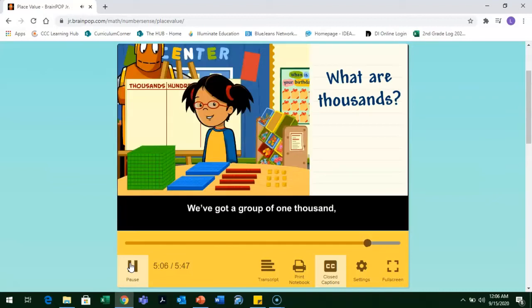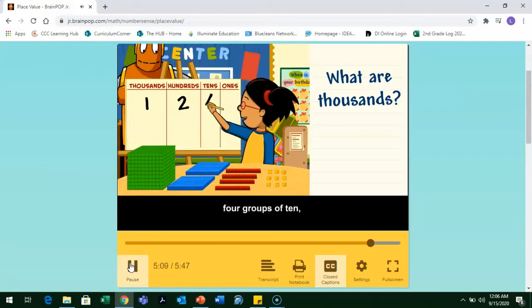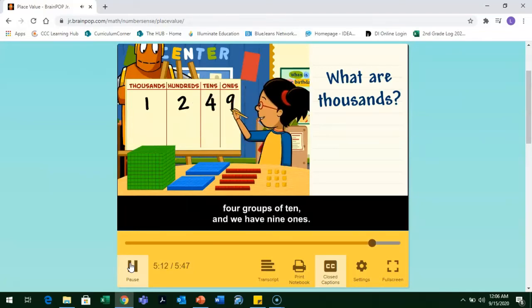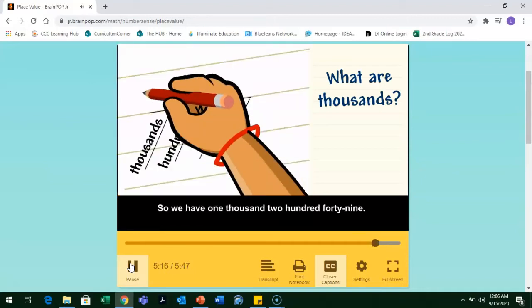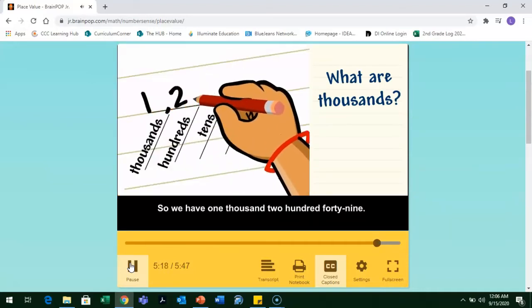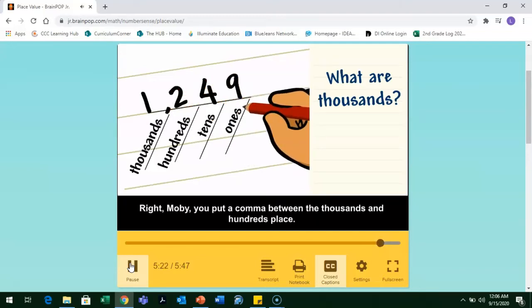We've got a group of 1,000, 2 groups of 100, 4 groups of 10, and we have 9 ones. So we have 1,249. Right, Moby. You put a comma between the thousands and hundreds place.